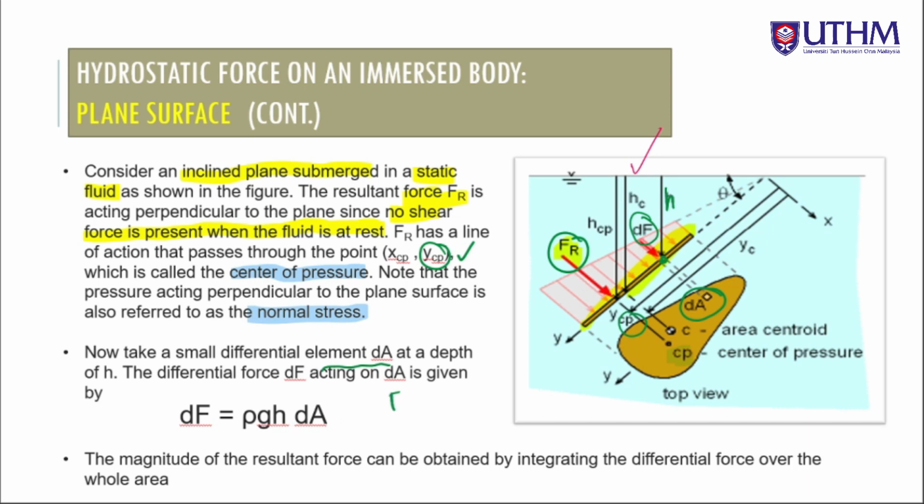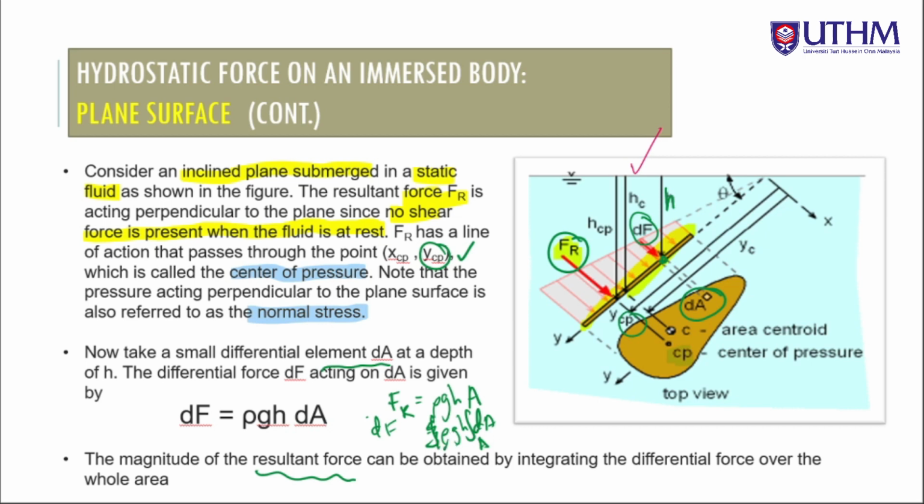Sama juga macam tadi kan, F sama dengan rho G h A kan. So kalau dF adalah rho G h dA. Okay, the magnitude of the resultant force can be obtained by integrating the differential force over the whole area. So macam kita integrate untuk dapatkan full resultant force, kita kena integrate dA ni. Okay, dA ni lah over satu plane surface.